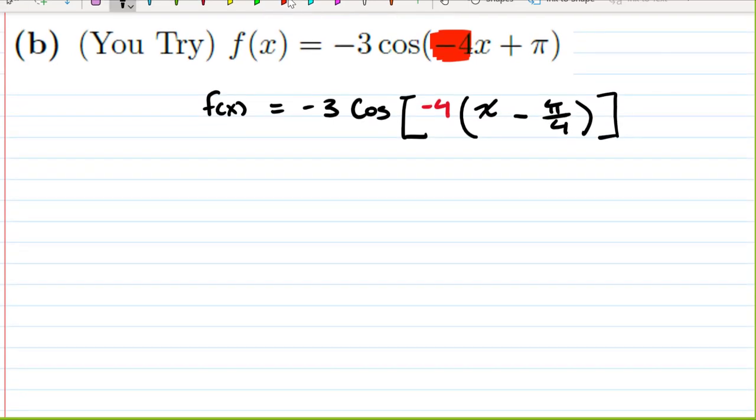So then we have our a value, it's going to be this. We have our a is equal to -3. We have our b is equal to -4. And then lastly, our horizontal shift, so our c over b is going to be this.